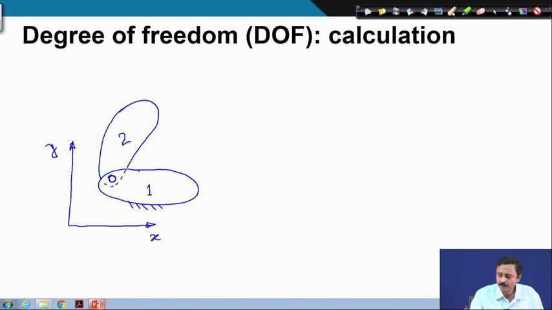Therefore, as in this case, number of links is 2, the degree of freedom calculation as it starts, as we have discussed, it has only 3 degrees of freedom as of now, because one body is already immobilized. It has got one kinematic pair, we will call this or denote this as Nj. It has got one joint or one kinematic pair.